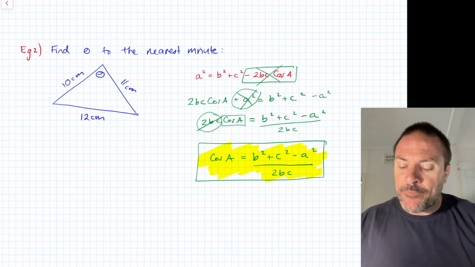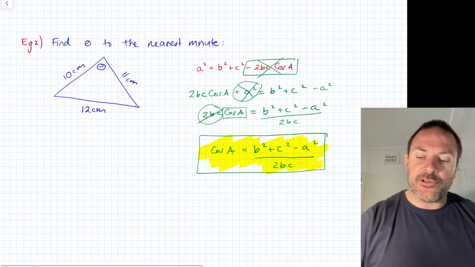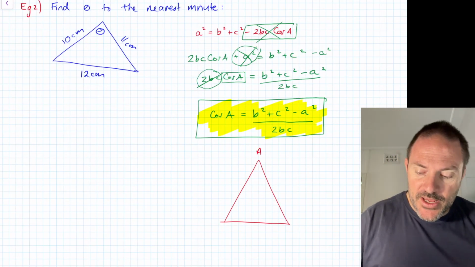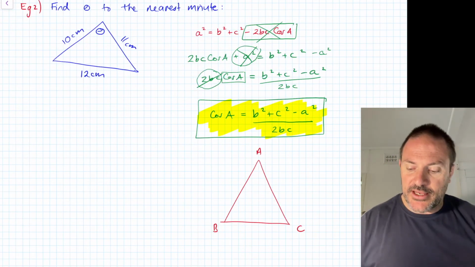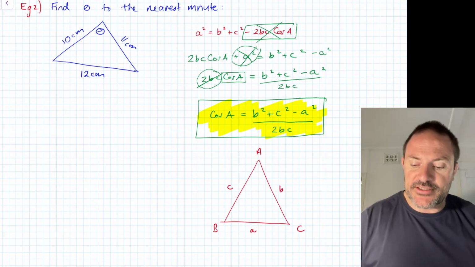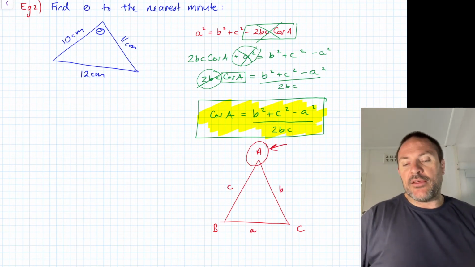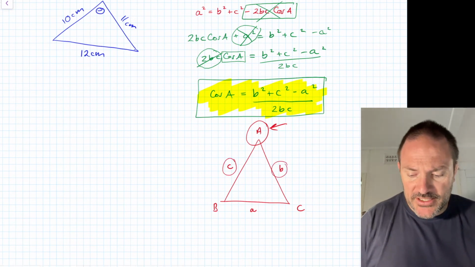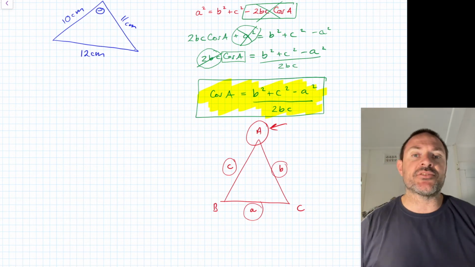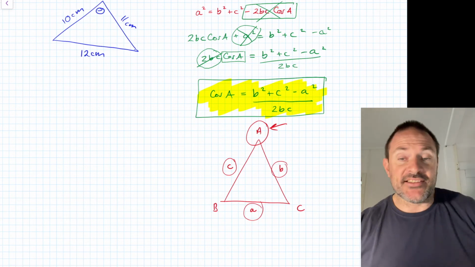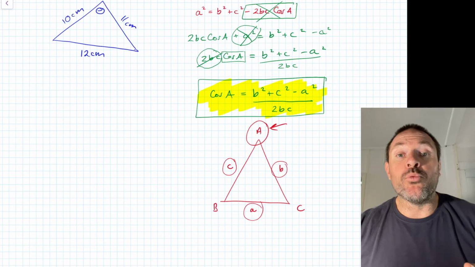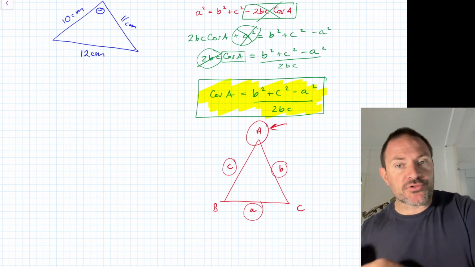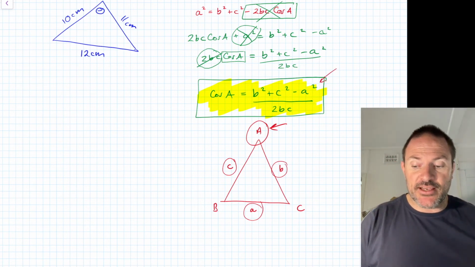Now, looking at this rule, and again, I'll apply it to a triangle, officially A, B, C, little a, little b, and little c, where this is the angle here that we're trying to find. And have a look at where the letters are. We've got b squared plus c squared, subtract a squared. Now, this is the one where people will make mistakes because they get muddled about which number they subtract, because we have 3 sides here, right?